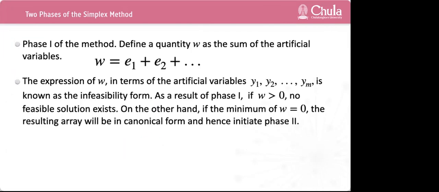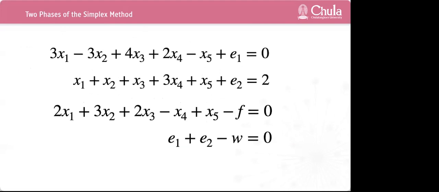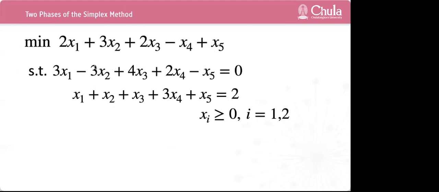So we divide the algorithm into two phases. The objective of the first phase is to transform the problem into a form that can be solved by the simplex method.